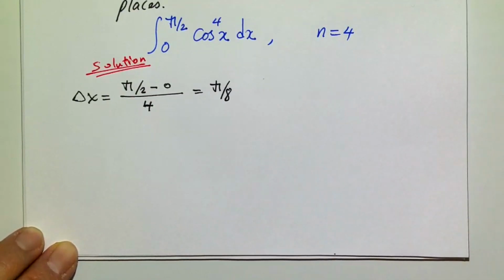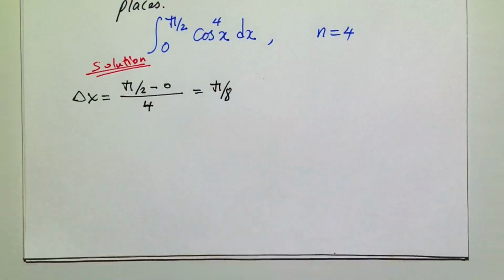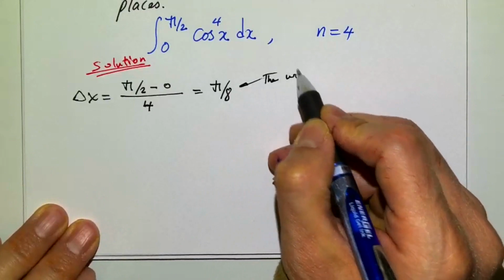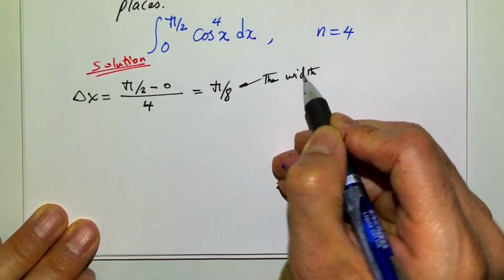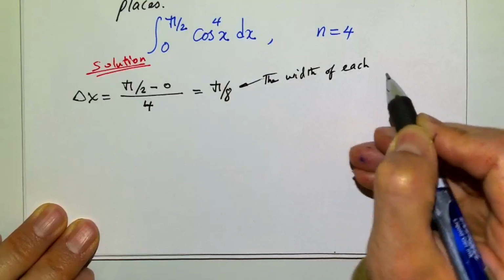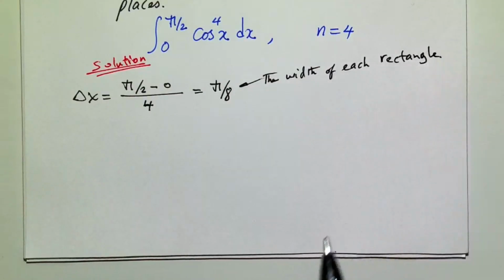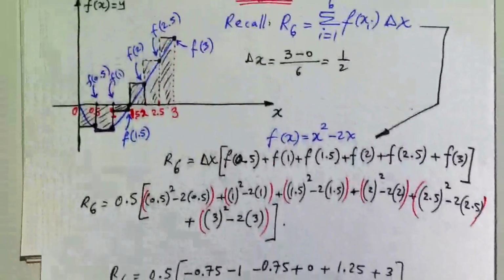Okay, so where are the endpoints then? The width of each rectangle. And by now you know which rectangles we're talking about, right? I'm not going to draw the graph on this one.